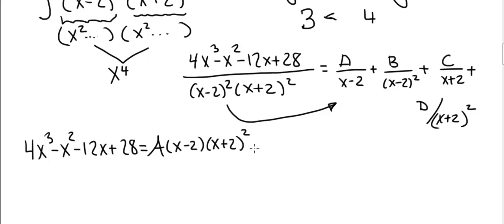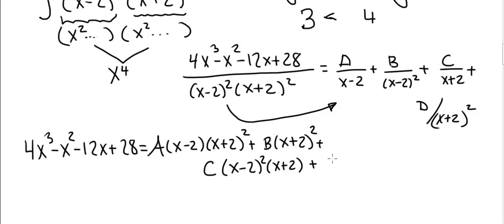One of the x minus 2's is canceled, plus b times (x plus 2) squared. Both powers of x minus 2 are gone there, plus c times (x minus 2) squared times (x plus 2), and the last term is going to be d times (x minus 2) squared.